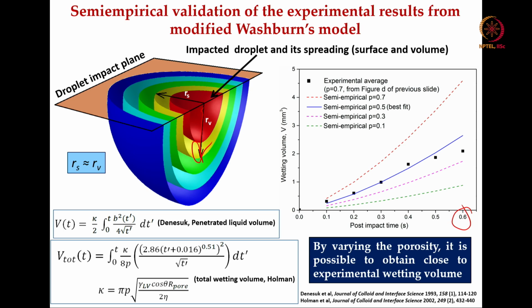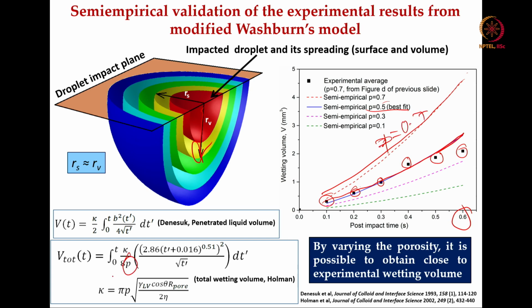So the experimental data is these individual points. Okay. So what is the semi-empirical best fit? At p equal to 0.5 you get this blue line, and semi-empirical 0.7 is this particular line. This is p equal to 0.7.